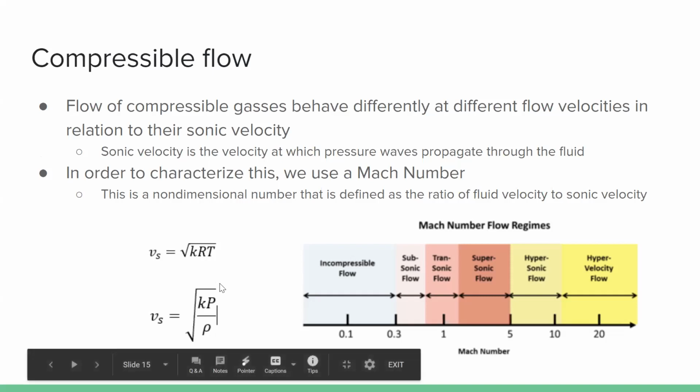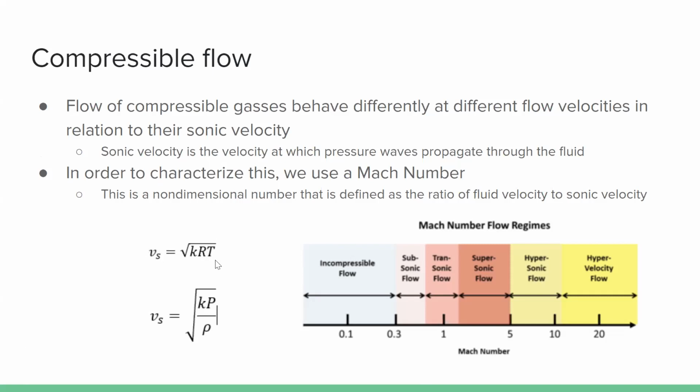Also, just for reference, here are the equations for the speed of sound through the fluid. The speed of sound is also known pretty much just as the speed that pressure waves propagate through a fluid. Remember, sound is basically just pressure vibrations and pressure waves.